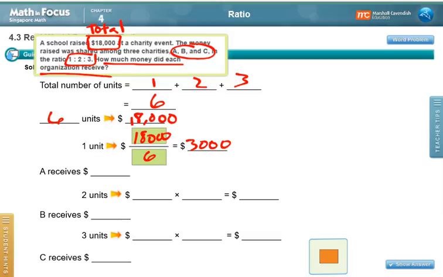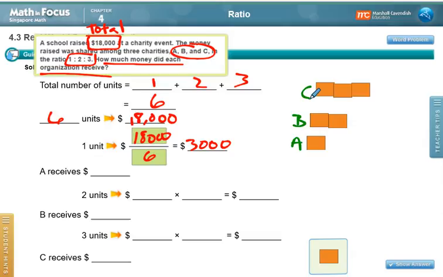We can diagram this using some boxes again if we really want to. So here's a picture of this, and this would be charity A, B, and C, and we can actually see that there are 6 parts to this whole. We can physically count them.